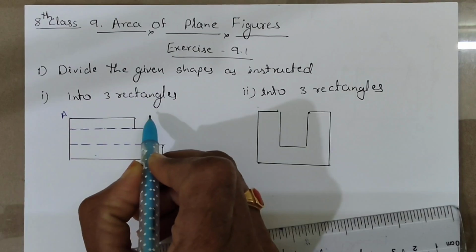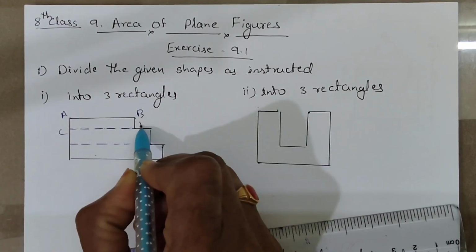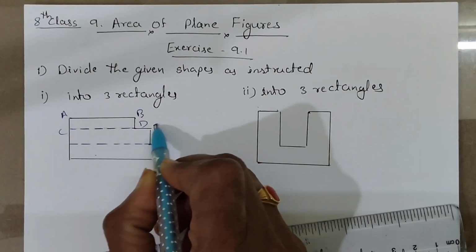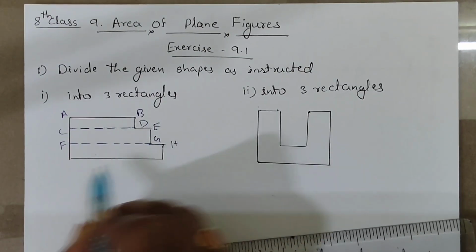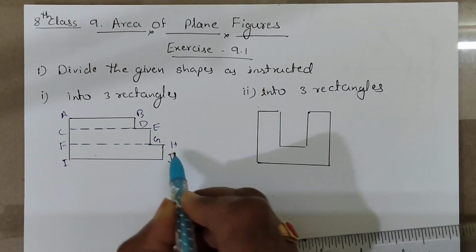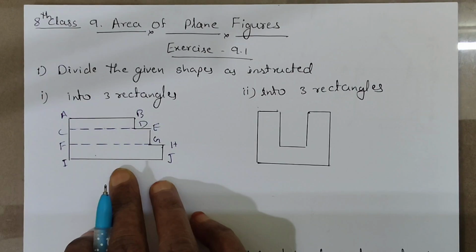So we write the names A, B, C, D, E, F, G, H, I, J. Now we write the parts' names.